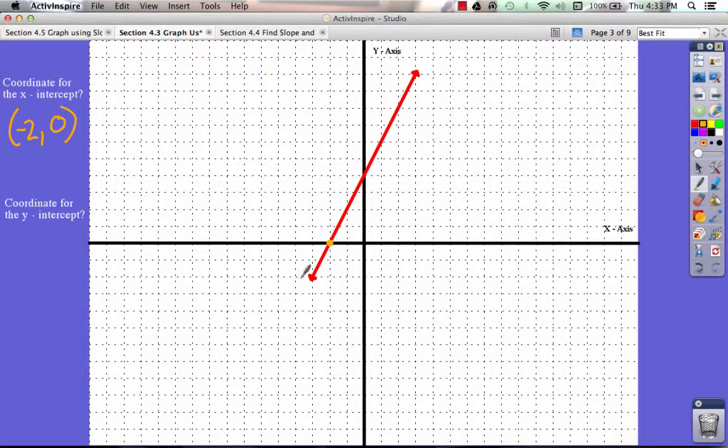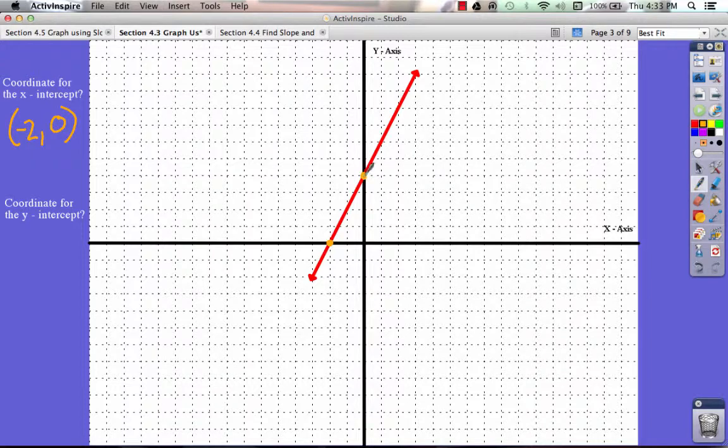Our y-intercept is always going to be where the line crosses the y-axis, and the line crosses the y-axis at this point right here. If we figure out the coordinate for this point, that will be our y-intercept. So let's go up 1, 2, 3, 4.